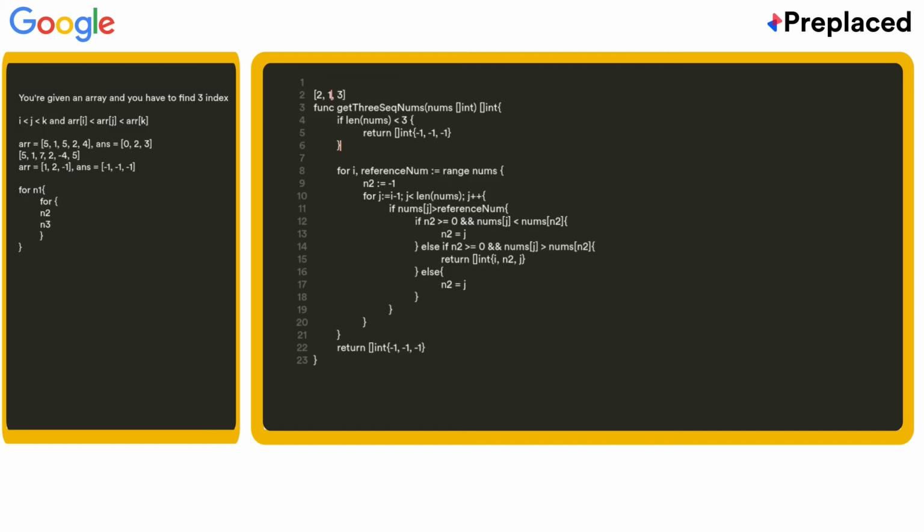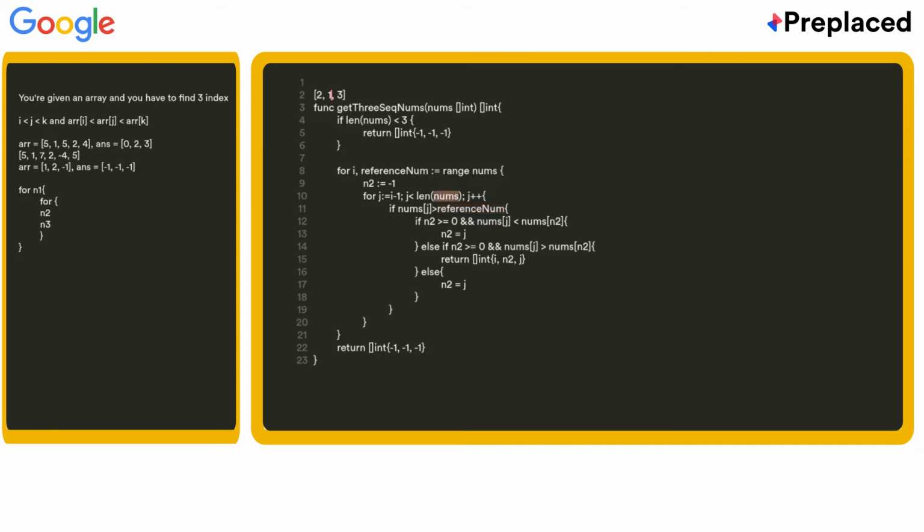So in this case, first the reference number is 2, and n2 will be minus 1. So it comes here. It gets 1 as the next number. Since it is not greater than the reference number, it will not move into this if block and moves on to the next number, that is 3.